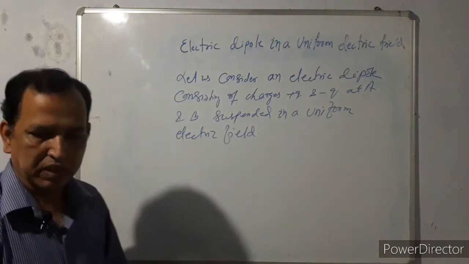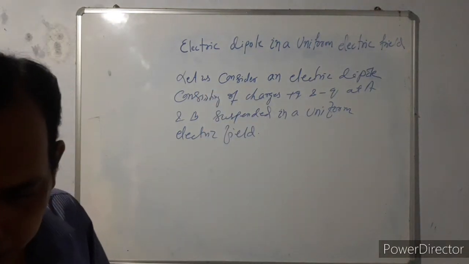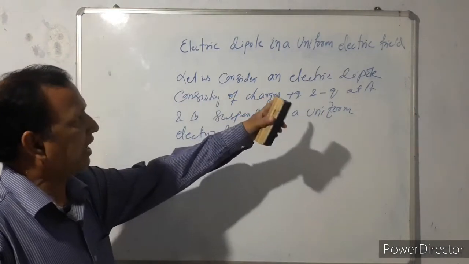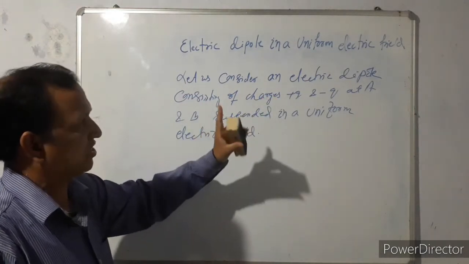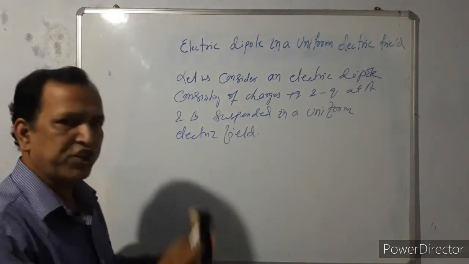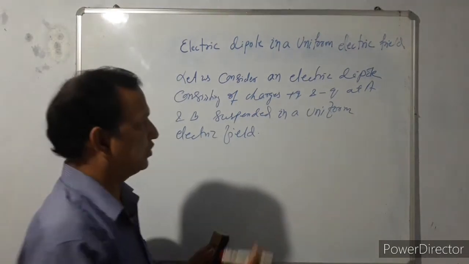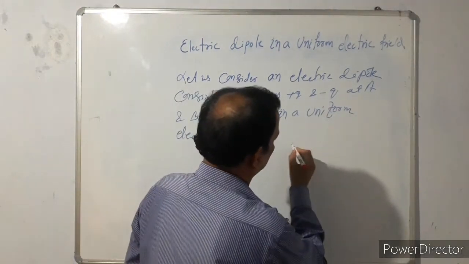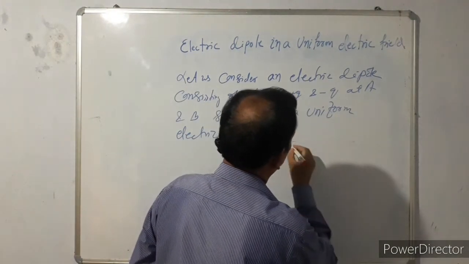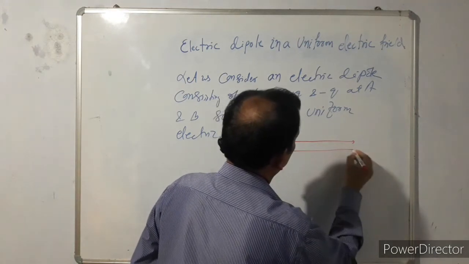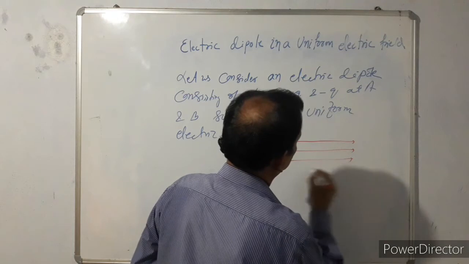Clear? So, an electric dipole consisting of two charges plus q and minus q, which is suspended in a uniform electric field. So, this is the electric field, uniform electric field.